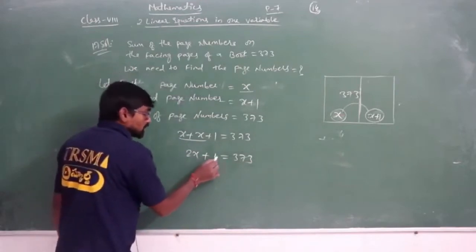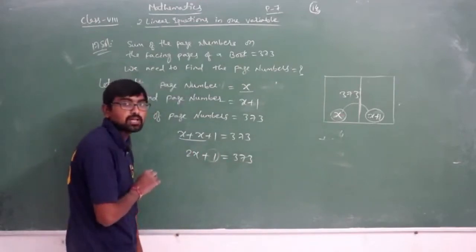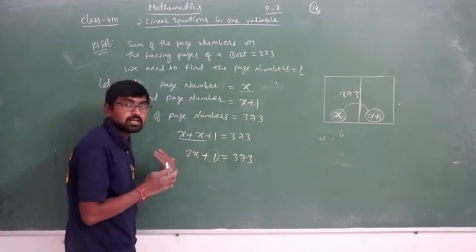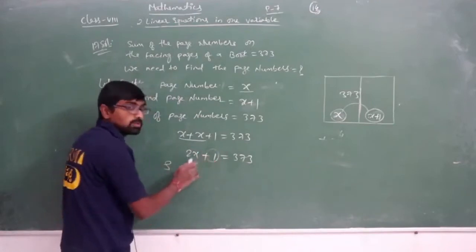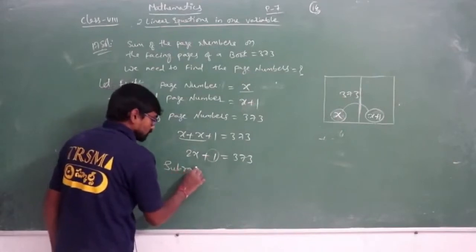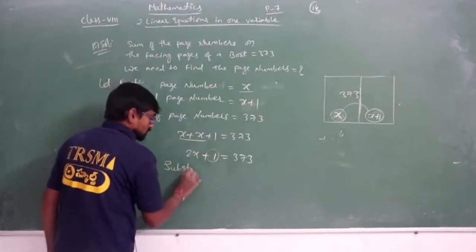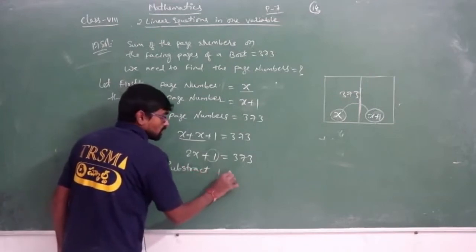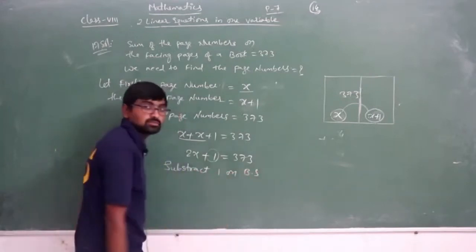Now here plus 1 is being added on the left hand side. What do I have to do? Subtract. For removing plus 1 I have to subtract 1 on both sides.